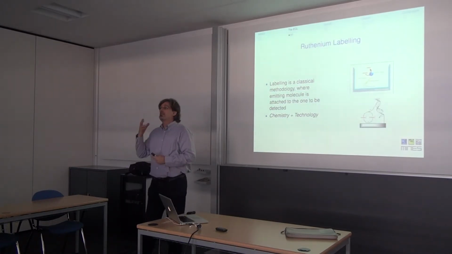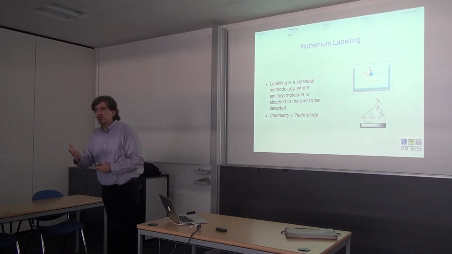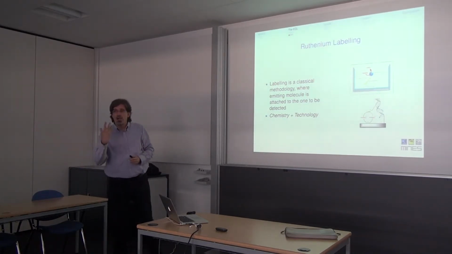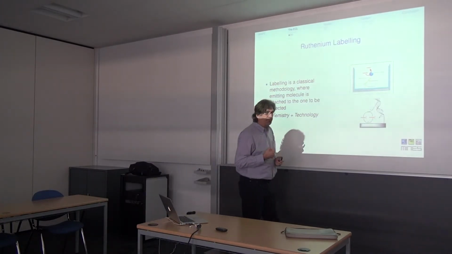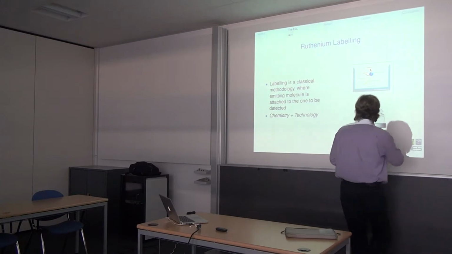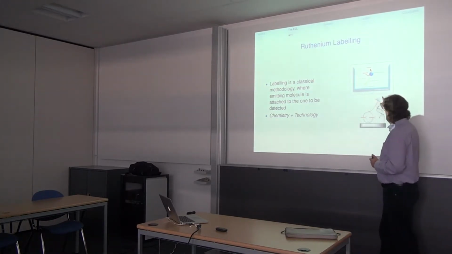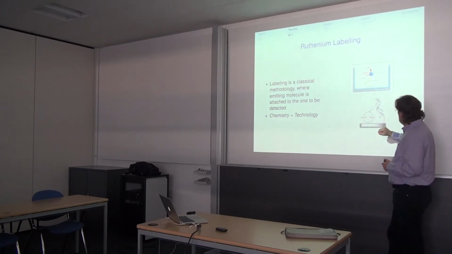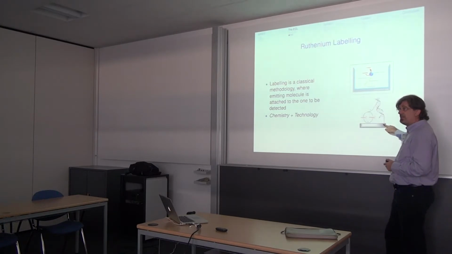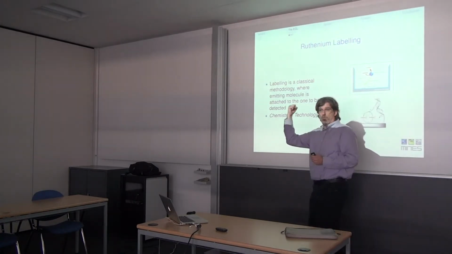How do I label my DNA? I don't know if you are familiar, but I will just tell you a few words about it. I label my molecule. In this case, we are talking of a DNA, in this example. What I do, I put on the surface of my electrode what is named the probe.